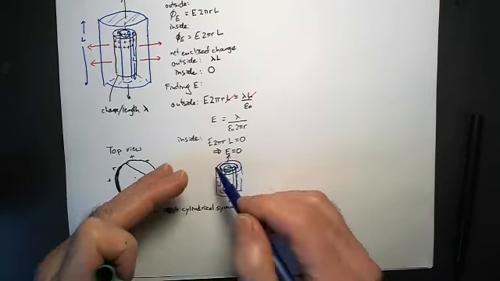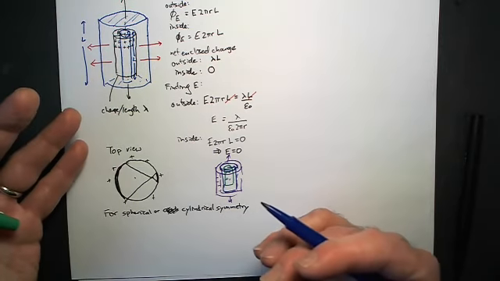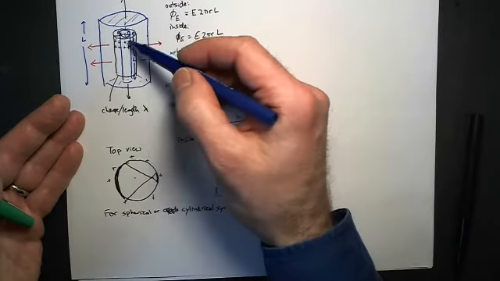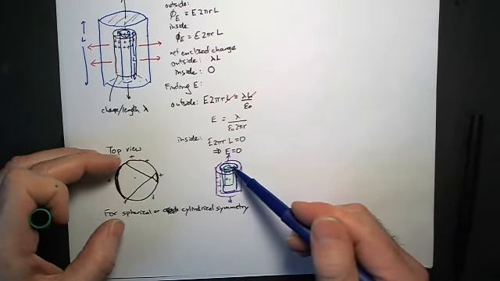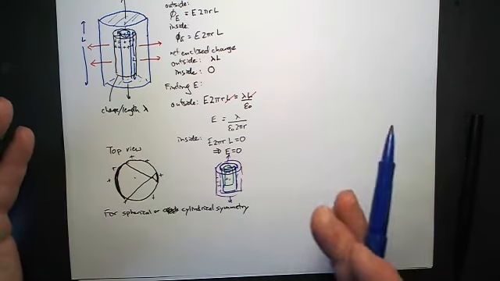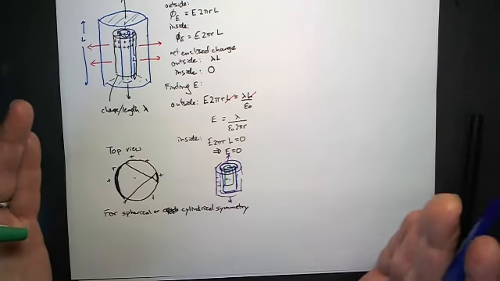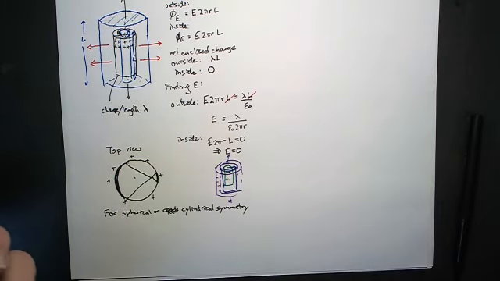Any charge that's outside that surface will contribute no electric flux by the arguments that we just made for this smaller cylinder here. And any charge that's inside my blue surface will produce an electric flux that's the same as if all the charge were concentrated at the center, along the central line.